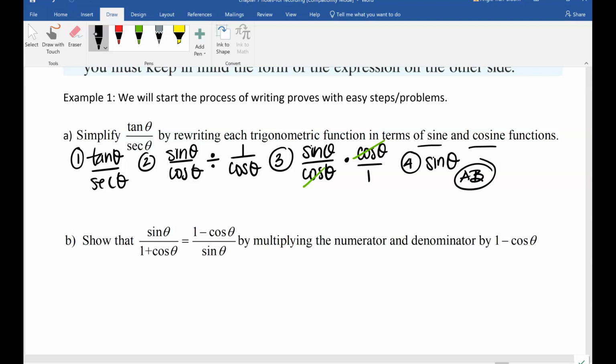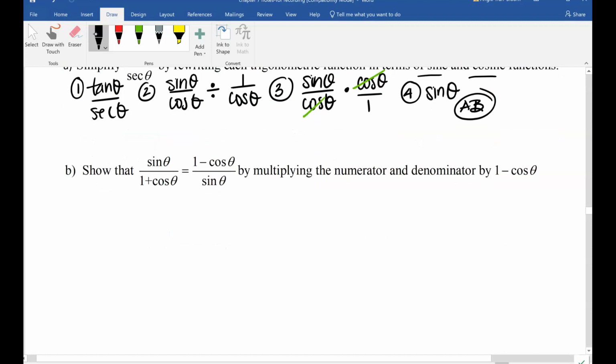B, show that sine of theta divided by 1 plus cosine of theta equals 1 minus cosine of theta divided by sine of theta by multiplying the numerator and denominator by 1 minus cosine of theta. So again, write the question down. Since it's already on my paper, I'm not going to, but your step number 1 should always be the side that you pick to prove.